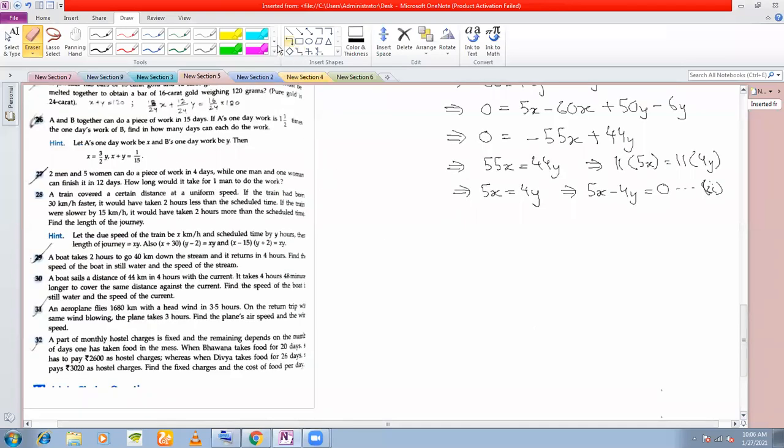If I say that the difference between 5 and 4 is 1, what do I mean? I mean 5 minus 4 is equal to 1, right? If I say the difference between 5 and 4 is minus 1, I mean 4 minus 5 is equal to minus 1, isn't it?